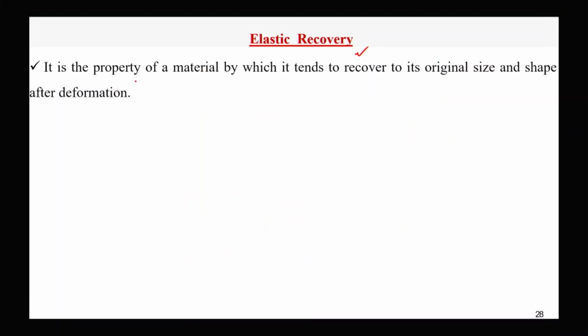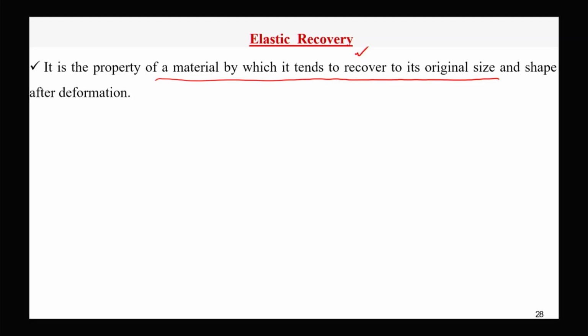So it is the property of a material which tends to recover to its original size and shape. So any elastic material will try to recover its shape. That's important for any application.